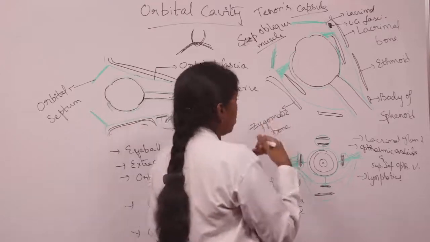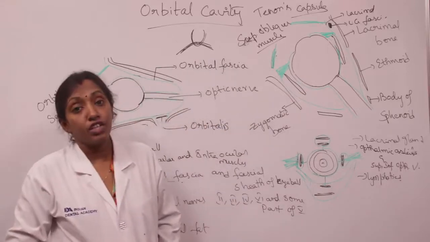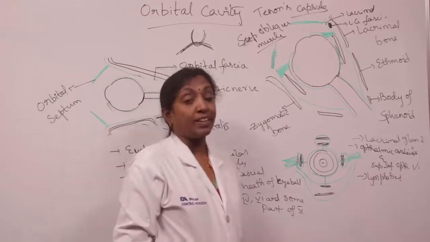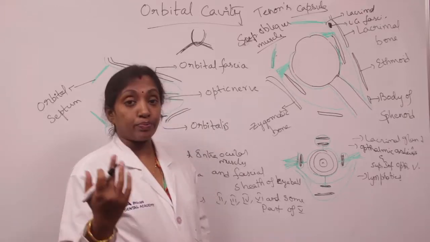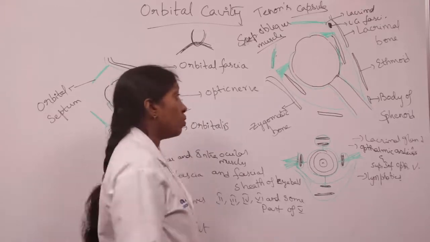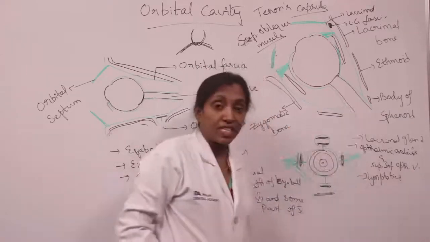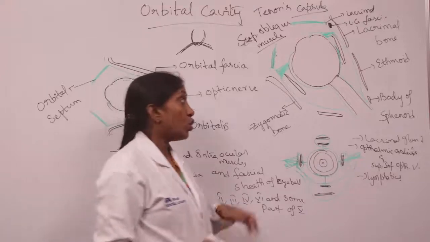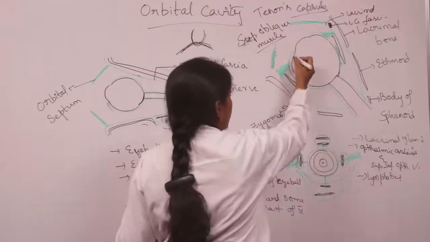The sheath is pierced by the tendons of the extraocular muscles as well as the ciliary nerves and vessels, which enter the eyeball through the optic nerve. So that's about the facial sheath of the eyeball.